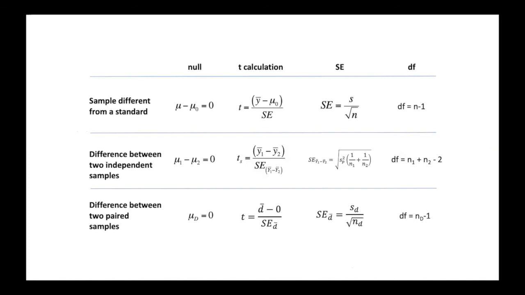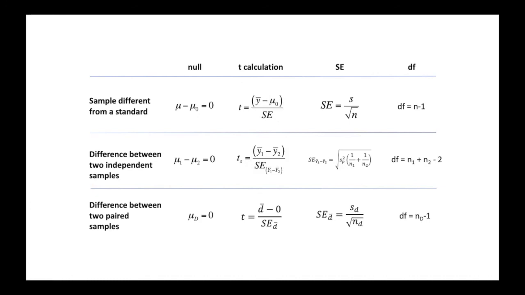So now we have three different approaches for comparing means to a standard or means to one another using a one-sample t-test, a two-sample independent t-test, and a two-sample paired t-test. And although these are separate recipes, they all have the same basic ingredients arranged in the same basic way. In each case, we calculate a test statistic that is made up of a numerator that measures the magnitude of the effect and a denominator that measures the uncertainty of the effect.